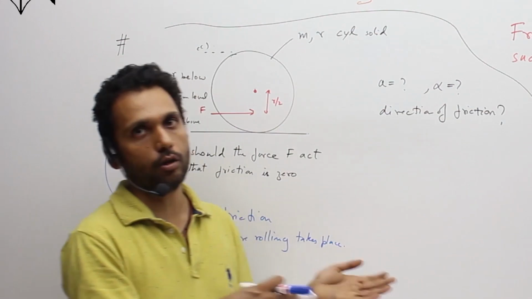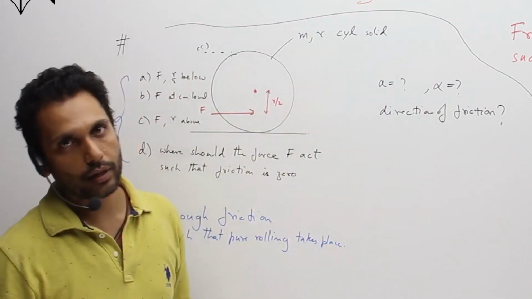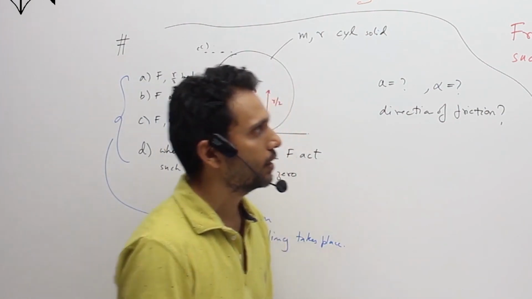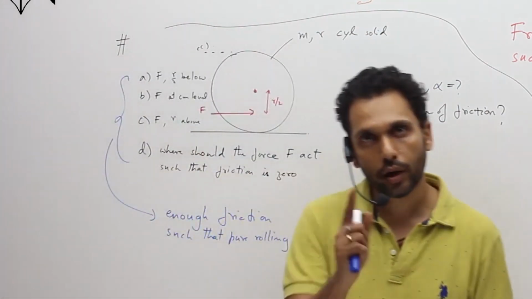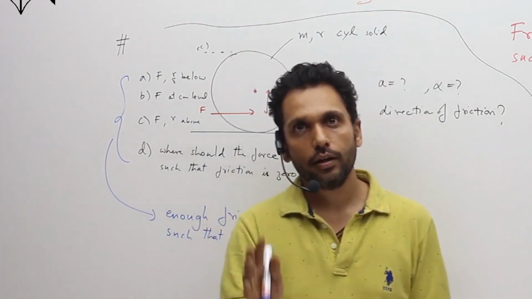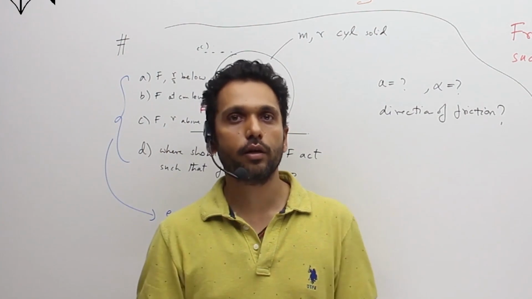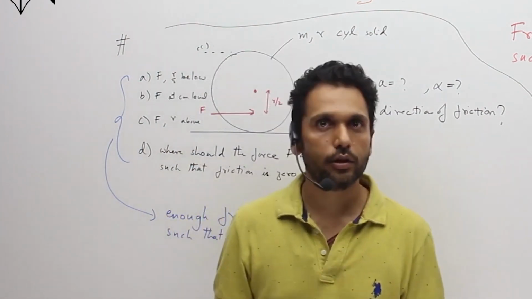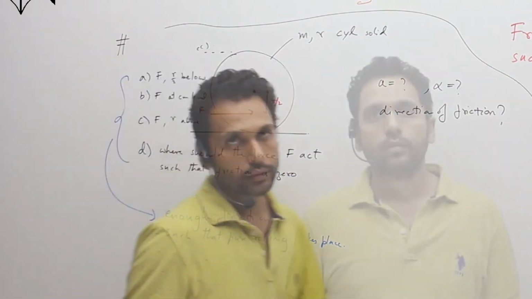So F along A is equal to mass into acceleration along the acceleration direction, and perpendicular to that you write your forces. And the other equation, the third equation you have to write is torque is equal to I alpha. One equation in torque is equal to I alpha, and two equations in forces generally completes all the set of equations required for such questions. So give it a try, in fact do it.